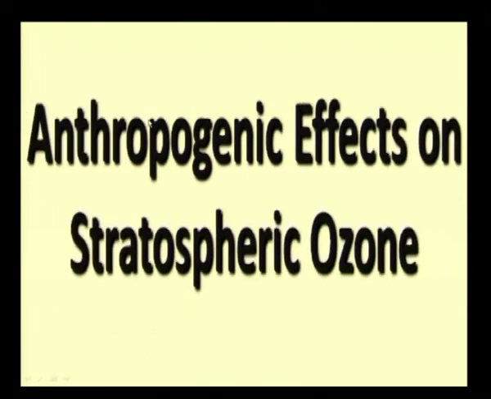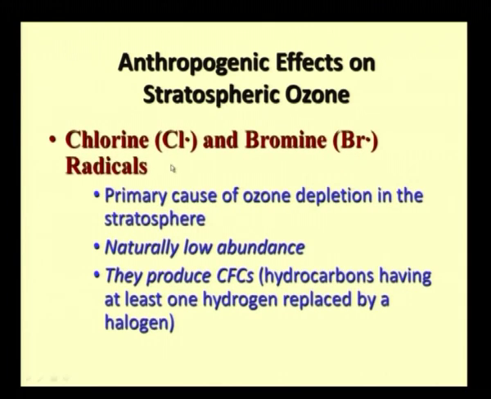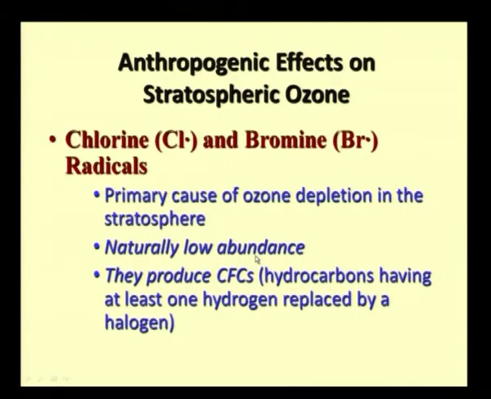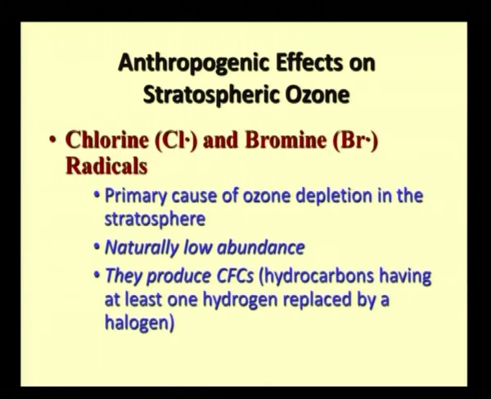And what are the anthropogenic effects on the stratospheric ozone? Chlorine and bromine, Cl and Br, are also causing ozone depletion, and they come from chlorofluorocarbons, CFCs. These two are the major contributors and the primary cause of ozone depletion in the stratosphere.